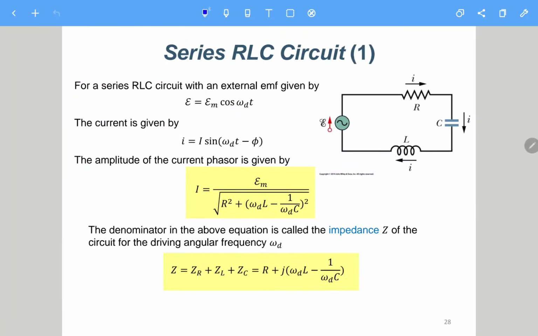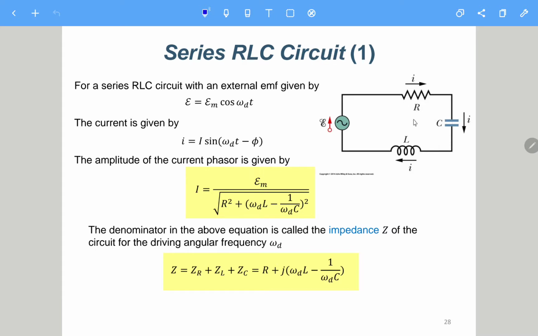Okay, so here we will talk about another case, which is called the series RLC circuit. Just now we mentioned R, L, and C individually. Here we have a sinusoidal source in series with the R, C, and L, or RLC. The order of the RLC is not so important.